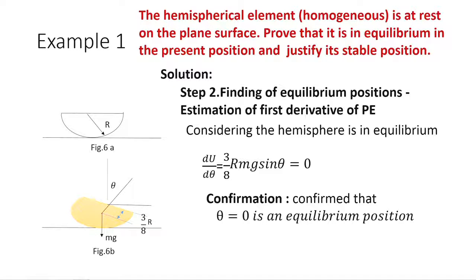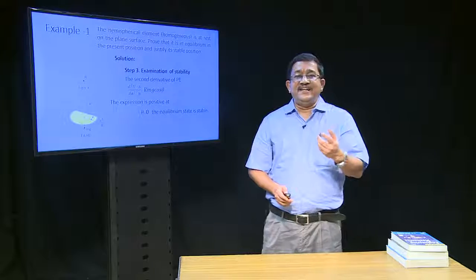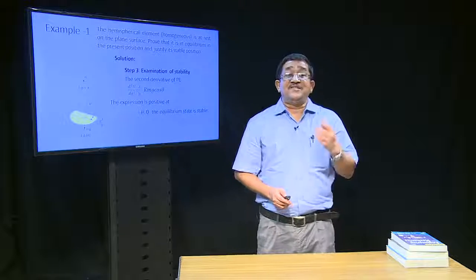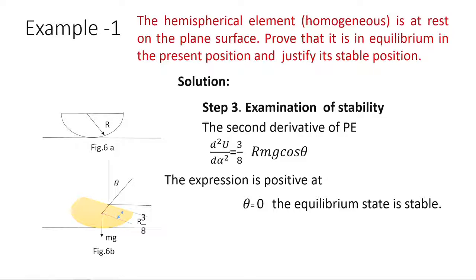So it confirms that theta = 0 is the equilibrium position. Now step number 3, examination of stability. In this case the second derivative, (3/8) r m g cos theta, is positive at theta = 0. That means the equilibrium state is stable.